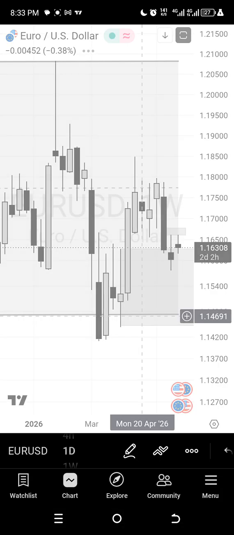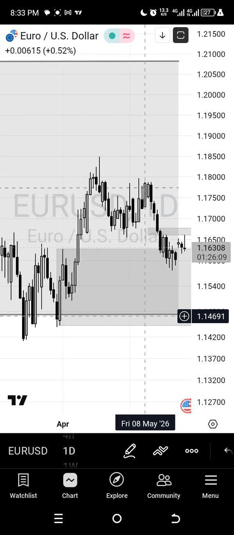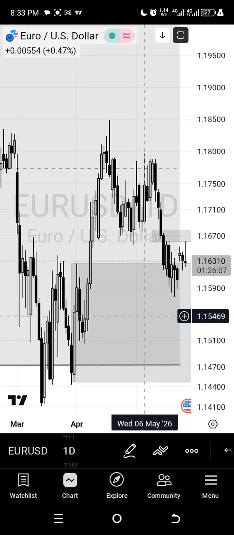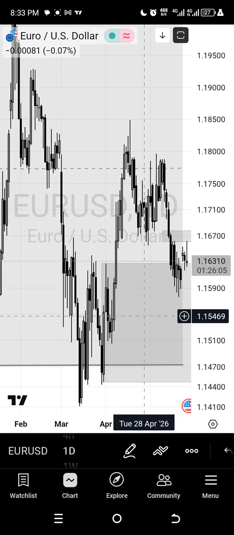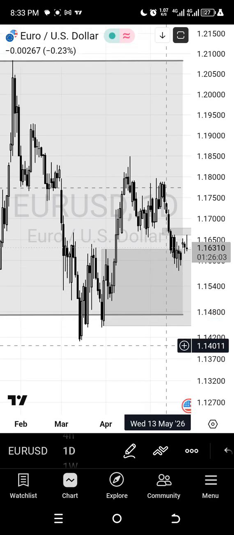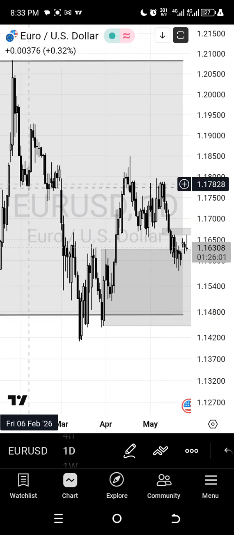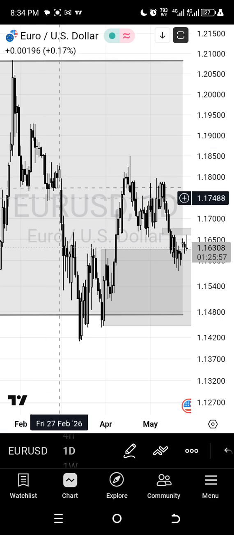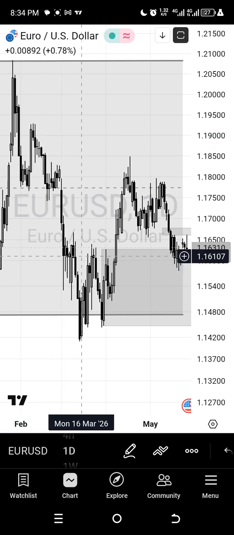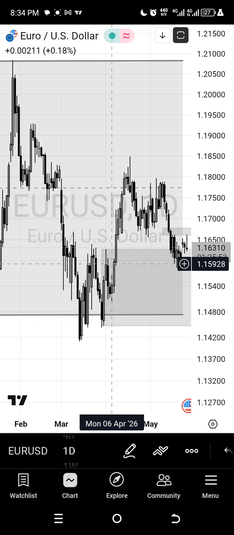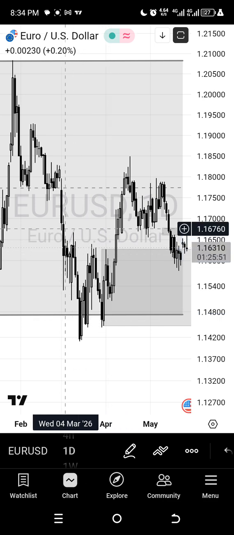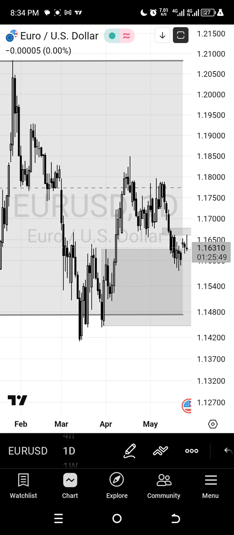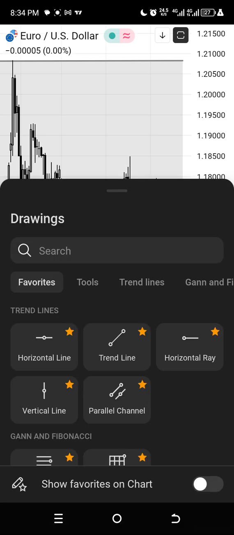Okay, looking at the daily time frame, you can clearly see that price was first in a downtrend, making lower lows and lower highs, and then price actually broke above the high. So this high created a true market structure shift that price actually broke above.